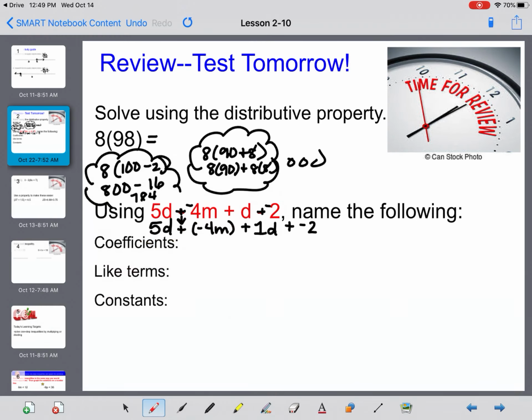A coefficient, by definition, is the number before a variable. That would be 5, negative 4, and 1. Don't forget the 1. My like terms, by definition, are terms that have identical variables. In this case, 5D and D, or 1D, have the same variable to the same power. Constants. The definition of a constant is a term without a variable. The only term without a variable in this problem is -2.